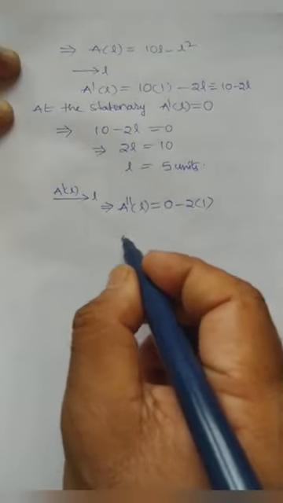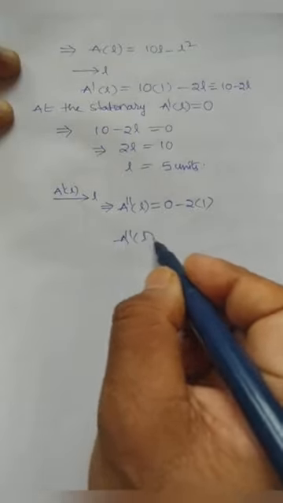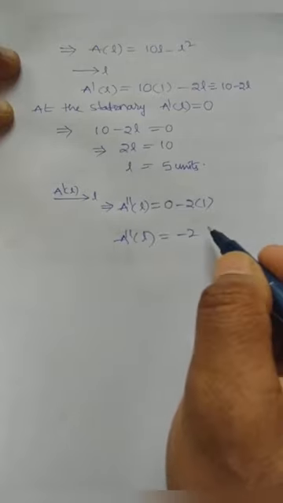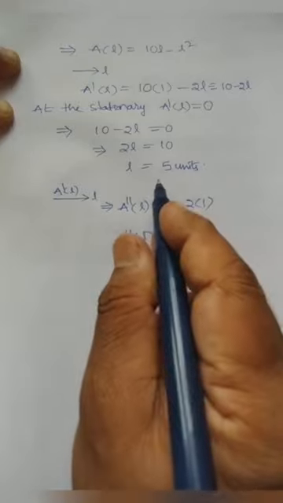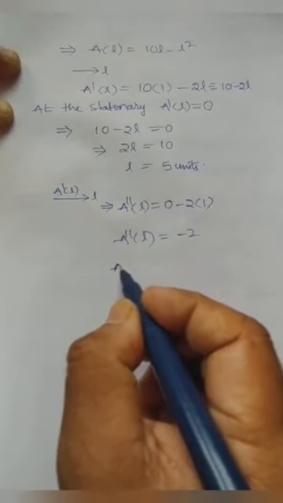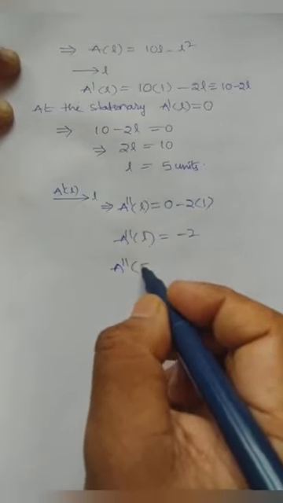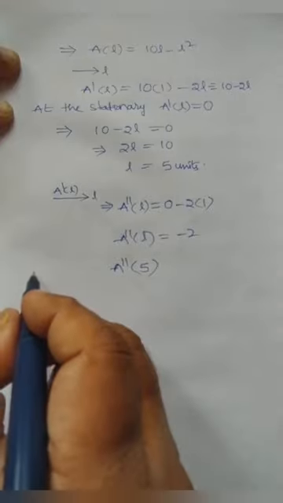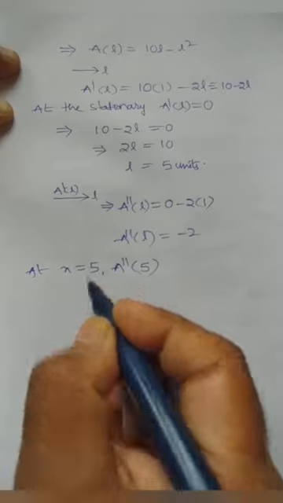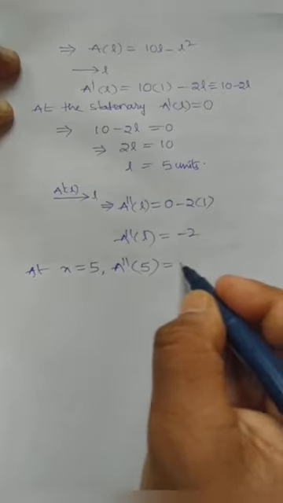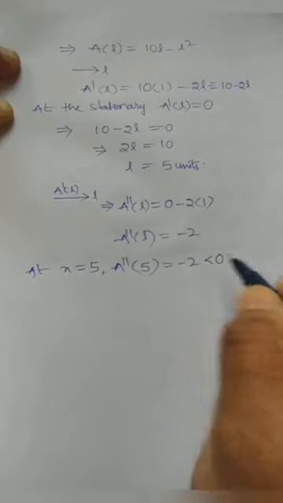So A double dash of L is minus 2. It is obviously a negative value for any L value. So at the stationary point L equals 5, A double dash of 5 is also minus 2, which is less than 0.